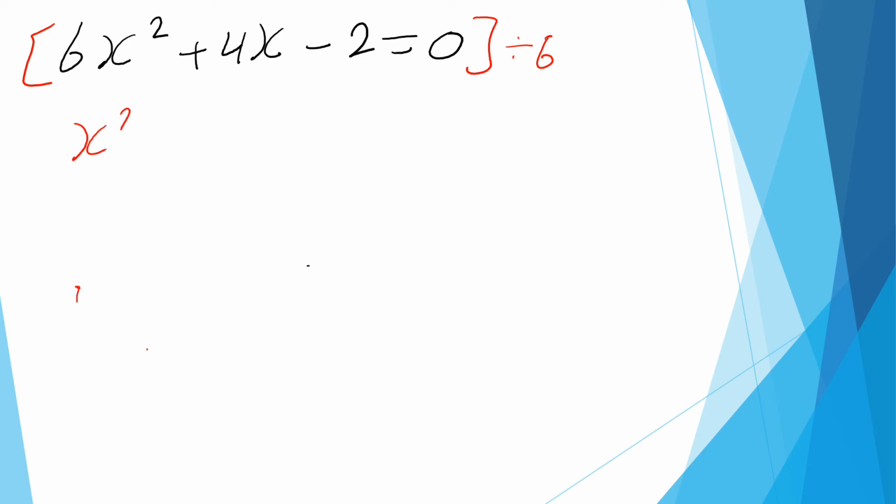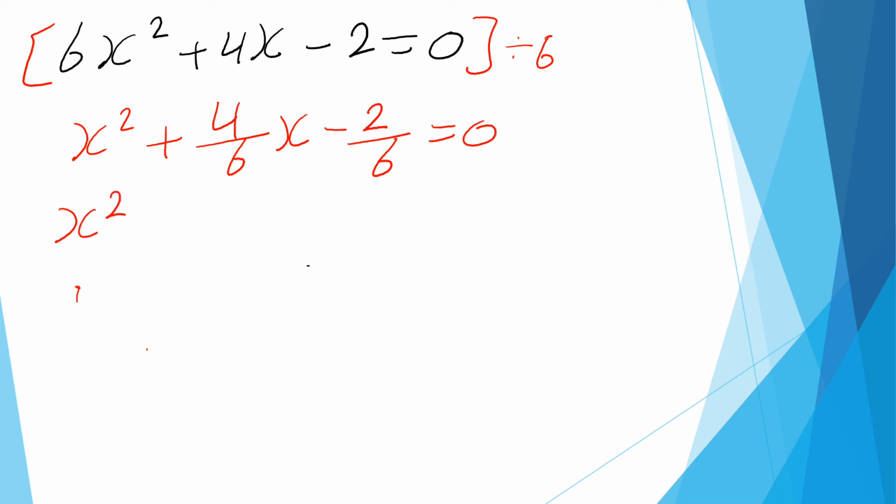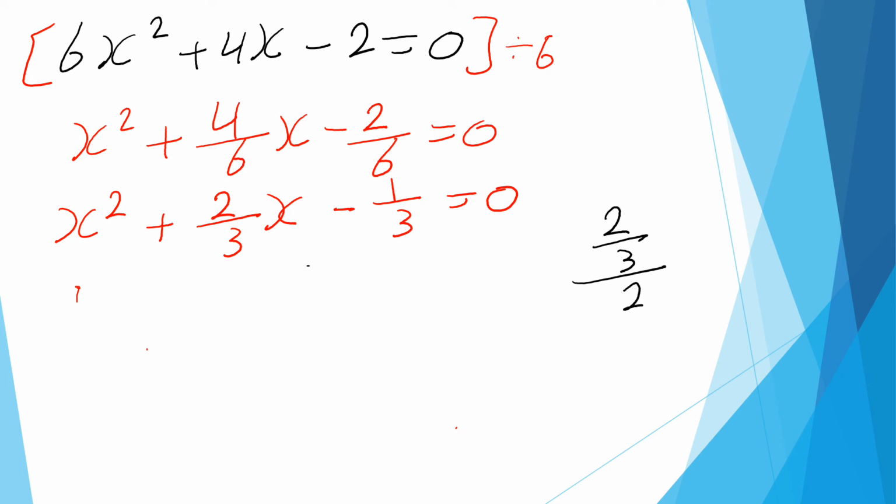So I've got x squared plus 4 over 6 x minus 2 over 6 equals 0. Try to simplify before you can divide anything. So that gives me 2 over 3 x minus 1 over 3 equals 0. So now same, we take the b, we half it. So this time obviously halving it's a little bit harder. So divide 2 over 3, which is the b, by 2.